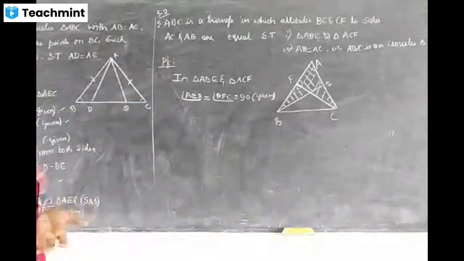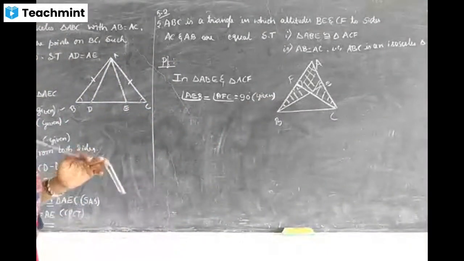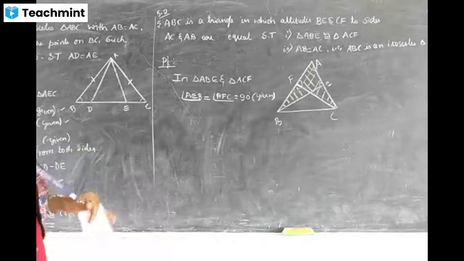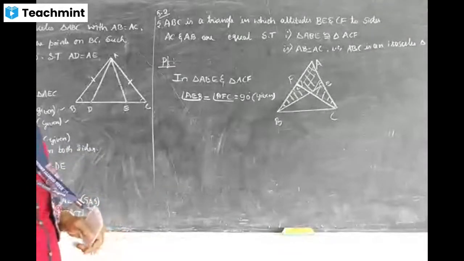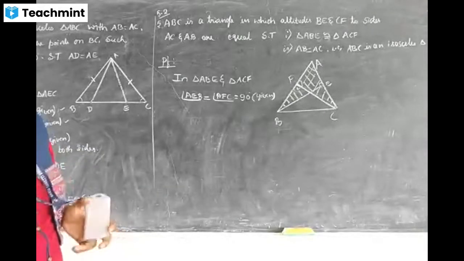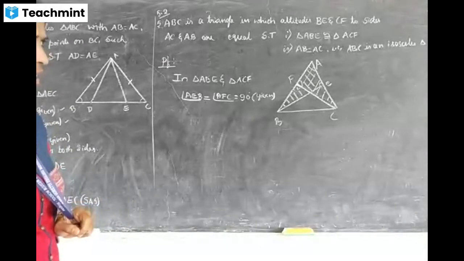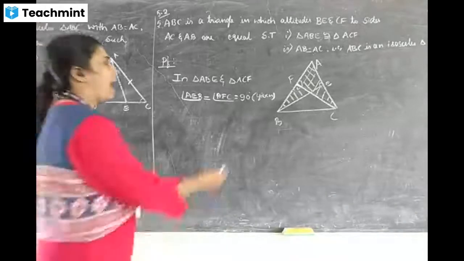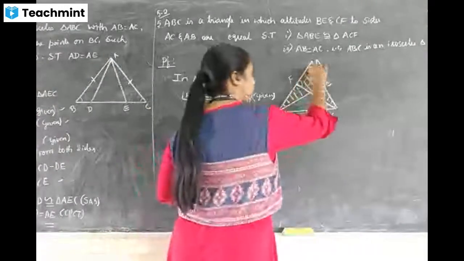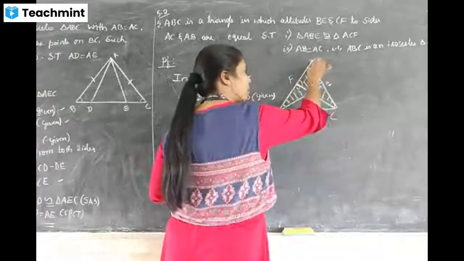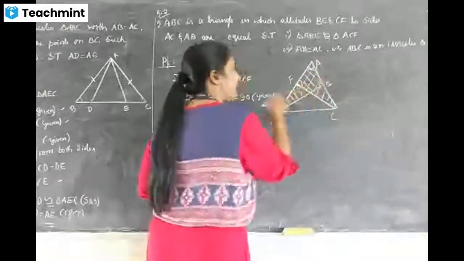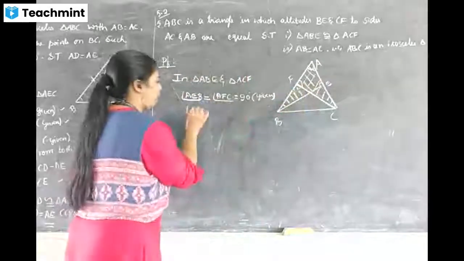Next, angle A is common. Angle A is common for both. Both the triangles cover the complete angle A, so angle A is a common angle.